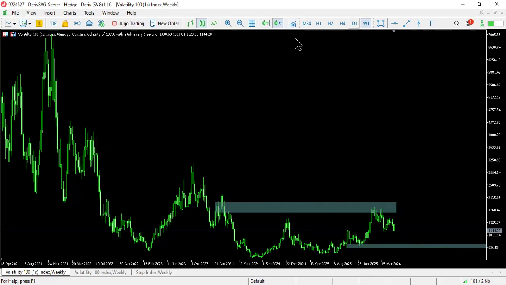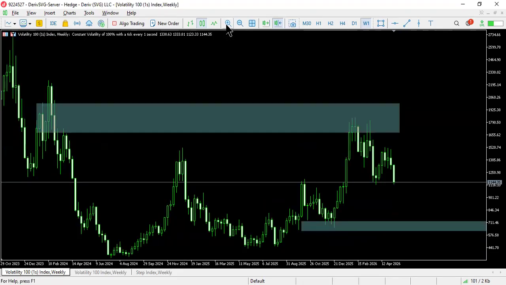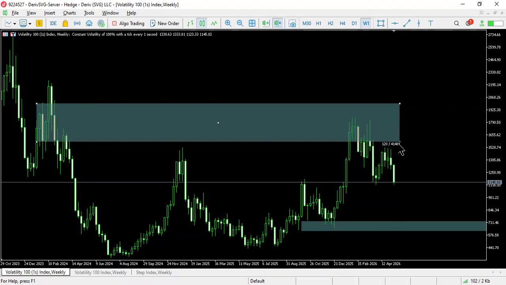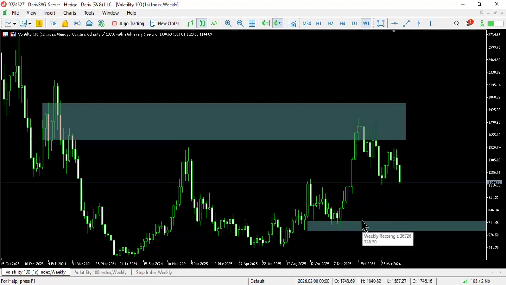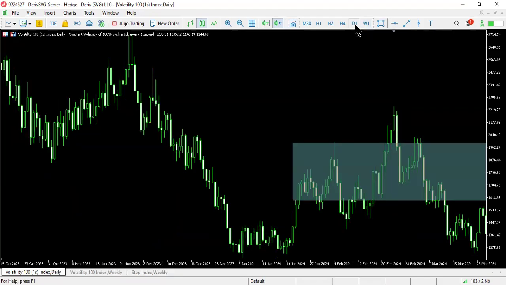Therefore, our sellers are very clear from the weekly time frame. We are going to be looking for selling opportunities from this supply zone until this demand zone.